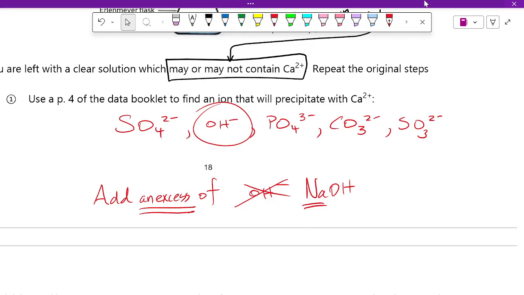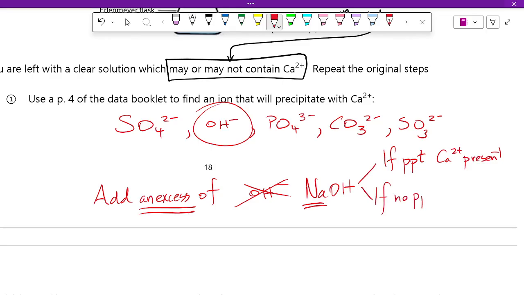Okay. Now, after we've done that, you need to tell me how to interpret the results. What are the two choices for the results? Either you get precipitate or you get no precipitate. If precipitate, then Ca2+ present. If no precipitate, no Ca2+.